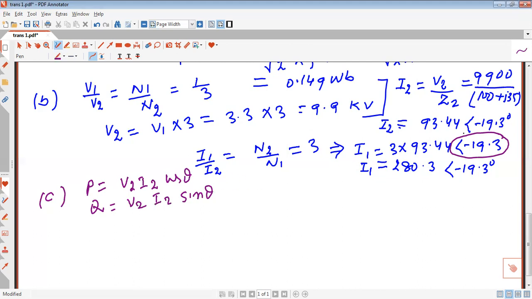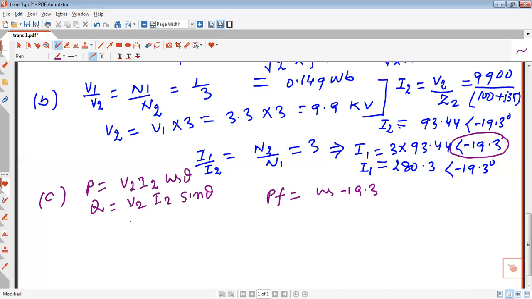Cos theta we can find from here, that is called the power factor. So the power factor is cos of minus 19.3, and once the power factor is known, we can also find the sine value here, and V2 and I2 are known. So by putting in all these values, we can calculate the real power and reactive power.